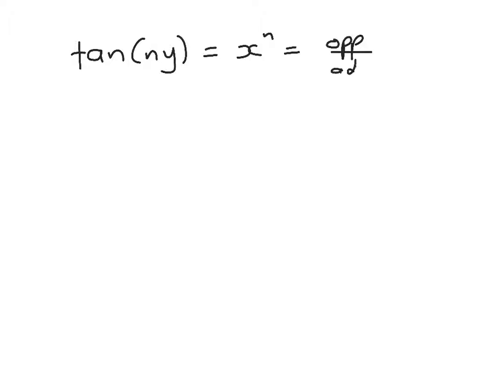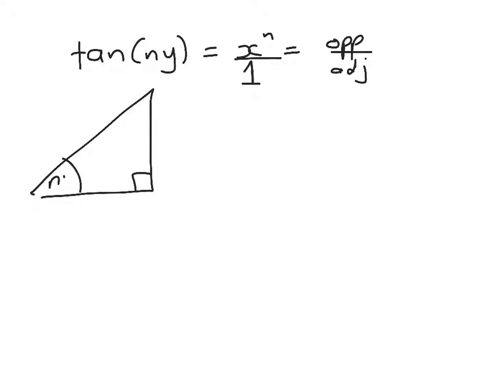Okay, so let's start by looking at where we started. We've got tan of an angle, tan of ny, is equal to x to the power of n. But we know from SOHCAHTOA that tan is equal to the opposite over the adjacent. So we can put in a 1 here, and now we can draw a triangle. There's a lovely right angle triangle. There's angle ny, and the opposite side here is x to the power of n.